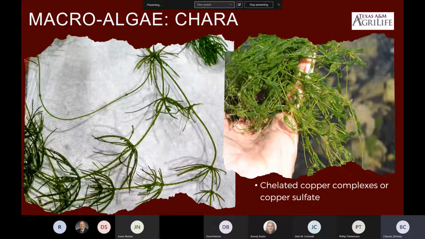And for chemical control, just like you saw with our other algae, chelated copper complexes or copper sulfate is very effective. And so you'll see, even though copper was kind of the main theme in this classification, there are some slight differences in terms of management based on the type of algae present.